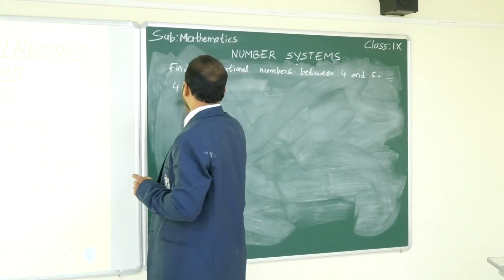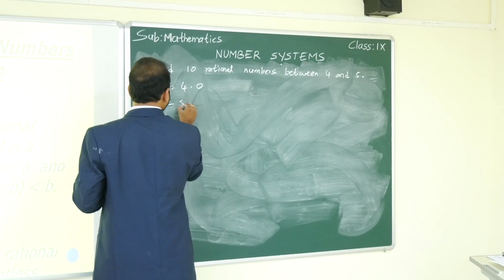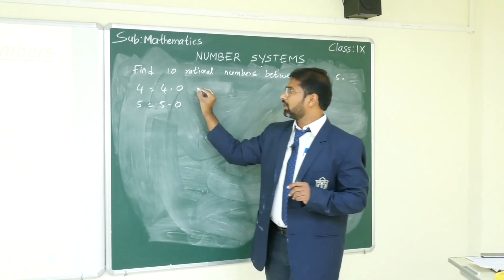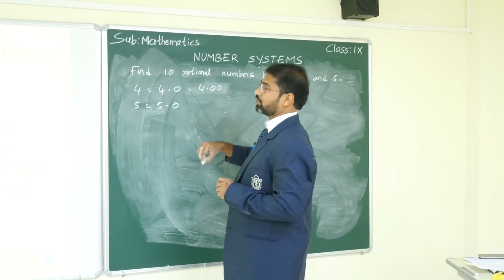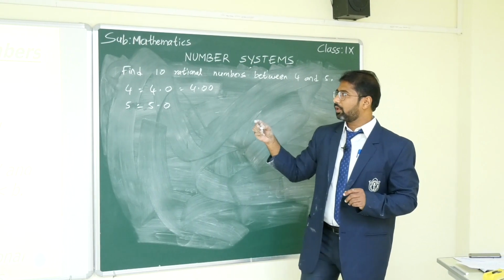I can write 4 as 4.0, 5 as 5.0, or I can write it as 4.00 also, and so on. Clear?